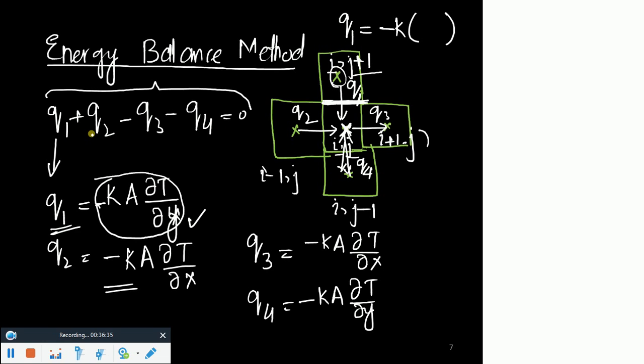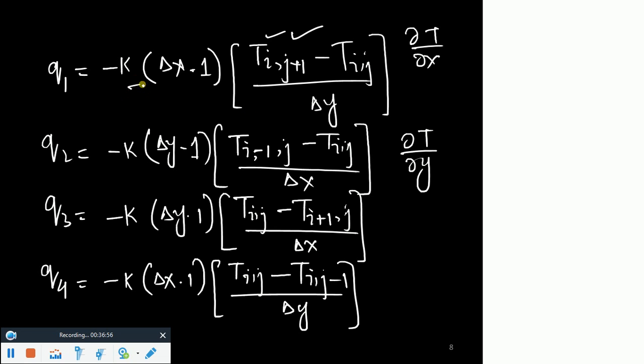How much time we are left with? Okay, 5 minutes, we can do that. So this is Q1 plus Q2, minus Q3 minus Q4 equals 0. Put those dots yourself. Now this Q1 was, because K is the same, this K remains the same in all the equations.